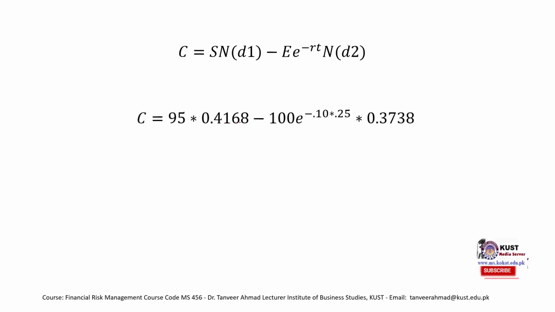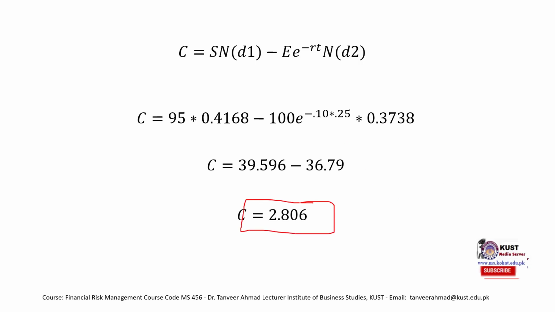ND1 is 0.4168, spot price is 95, minus exercise price is 100, into E raised to power minus 0.10, the 10% risk-free rate, into 0.25, which is time period, into ND2, and ND2 we found in our previous slide. So if we simplify this, we get the C value of 2.806. Now this is what we need to interpret.